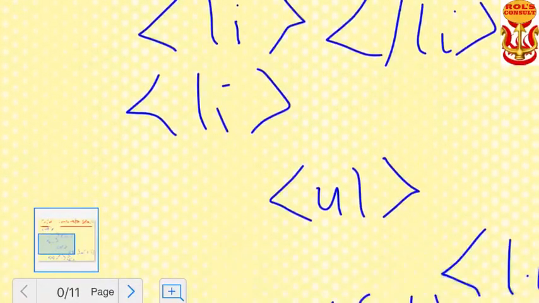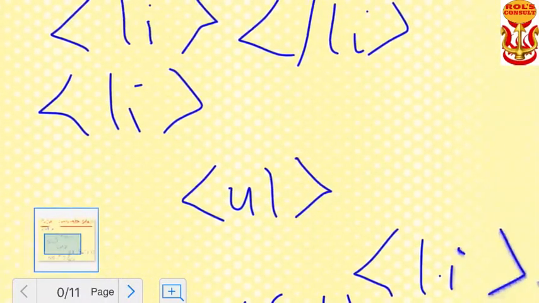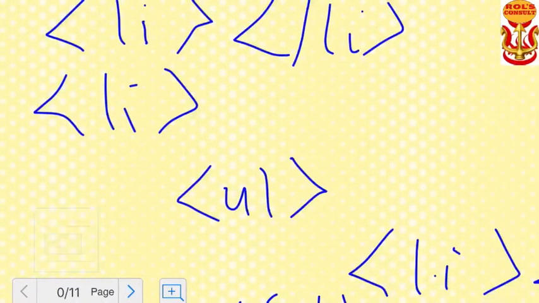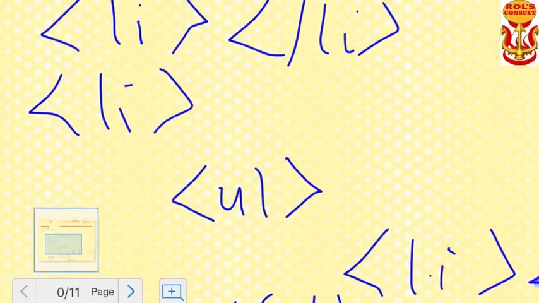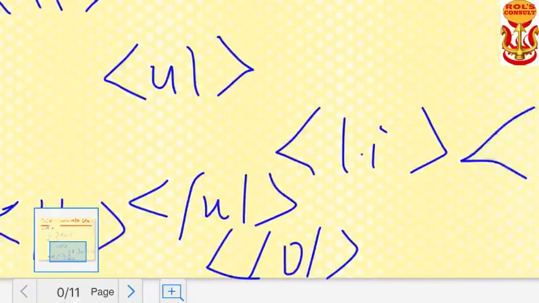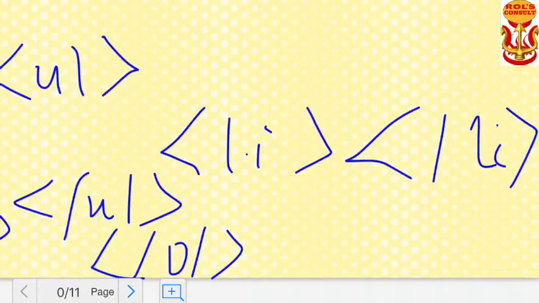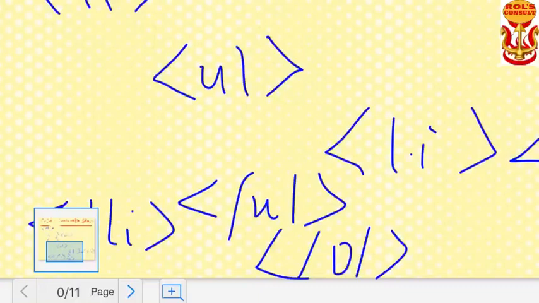Inside of the LI element, we had another LI element, and this time we nested an unordered list, UL, inside of this LI element. Don't forget. Inside of the UL element, we had another list item nested inside of our UL element. That's fine.